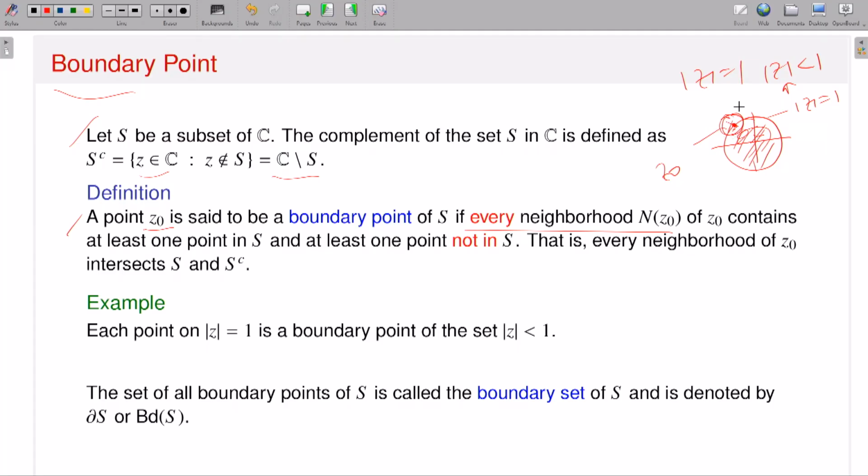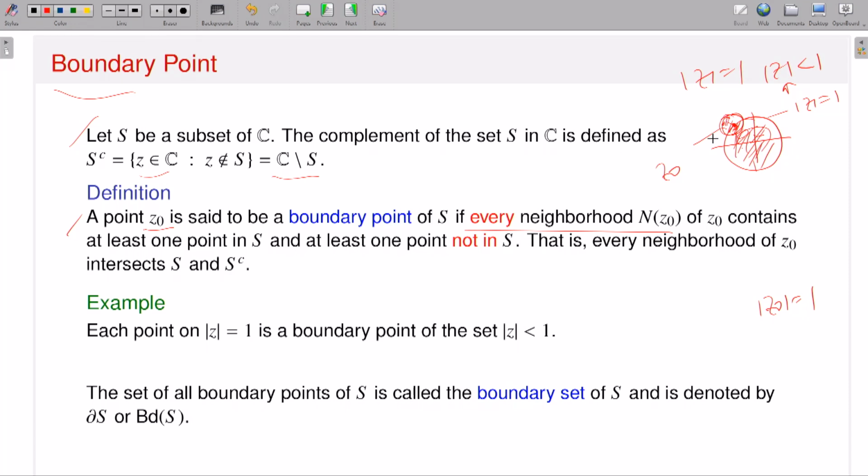That means if I take a point z0 such that the modulus of z0 is equal to 1, then whatever neighborhood I take around z0, this portion will contain some point from the set S, and this portion will contain some point from the S complement.